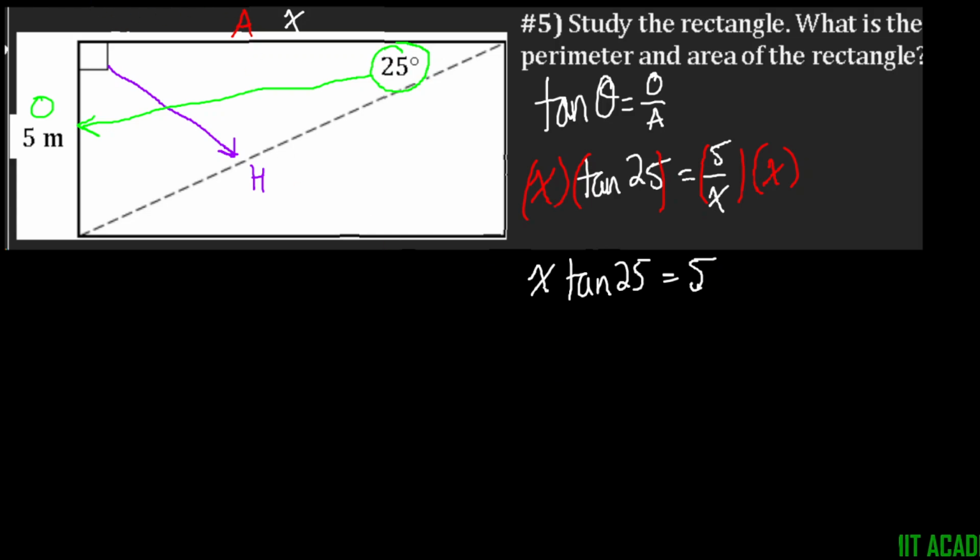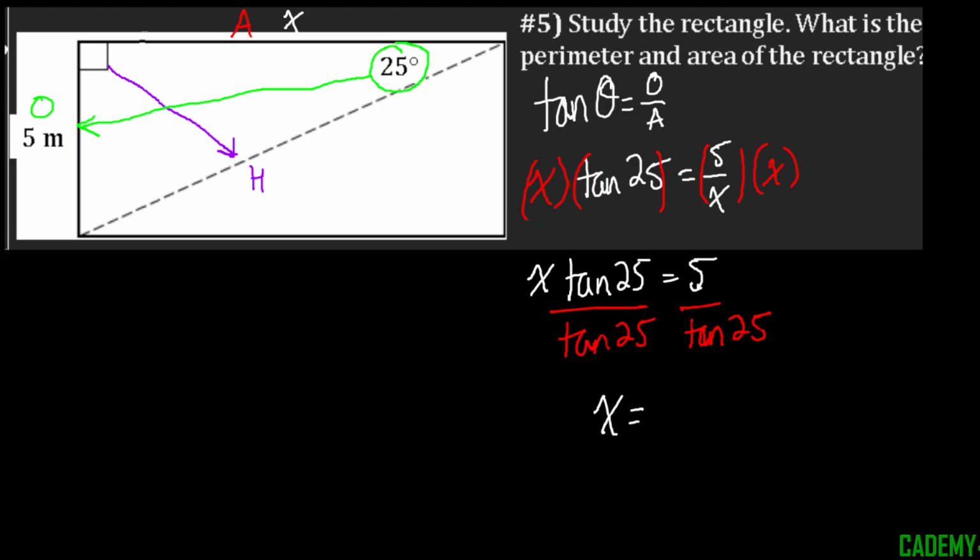Now I can get x by itself by dividing both sides by tangent 25. Let's go to our calculator. I'm going to say x equals, and I'm probably going to round my answer here.